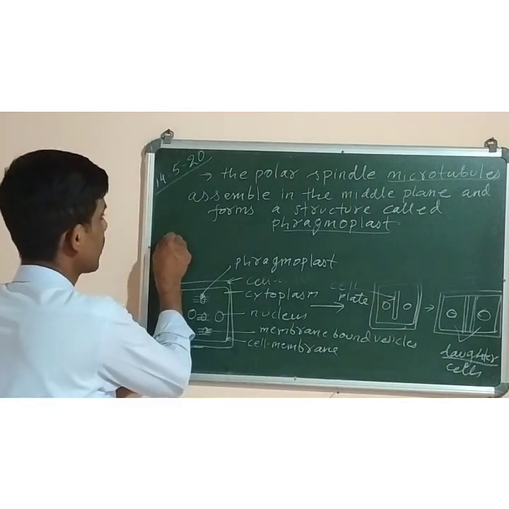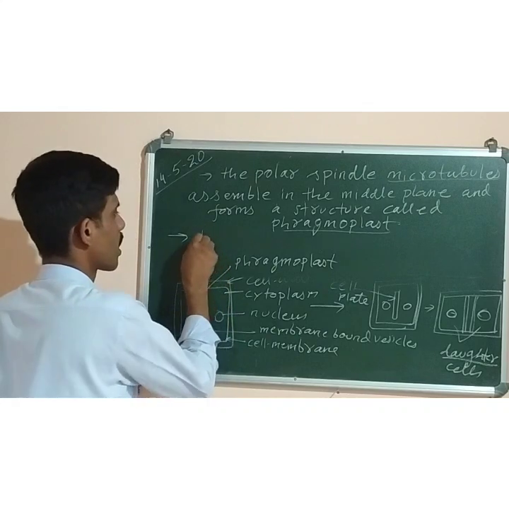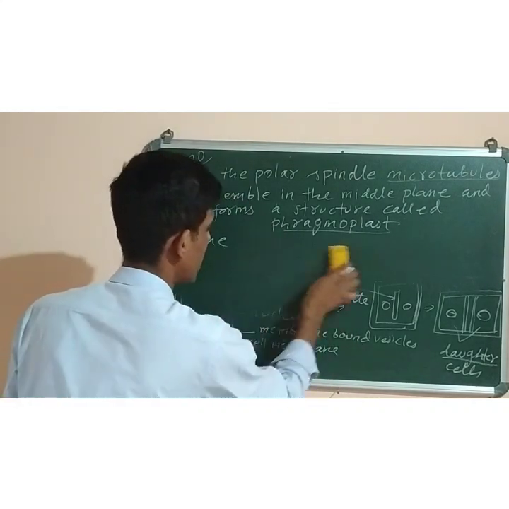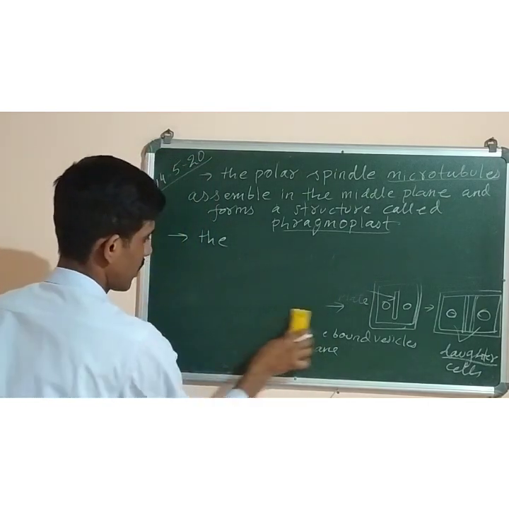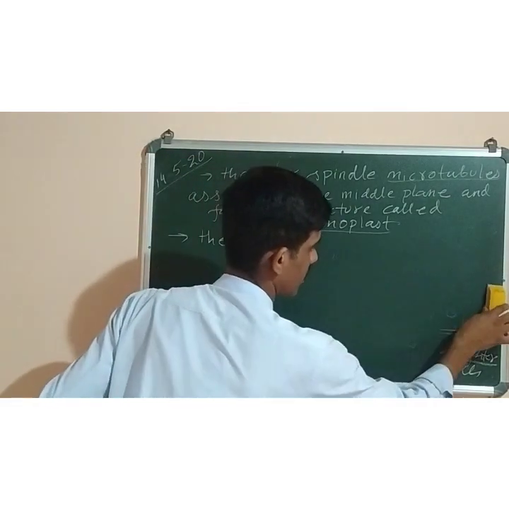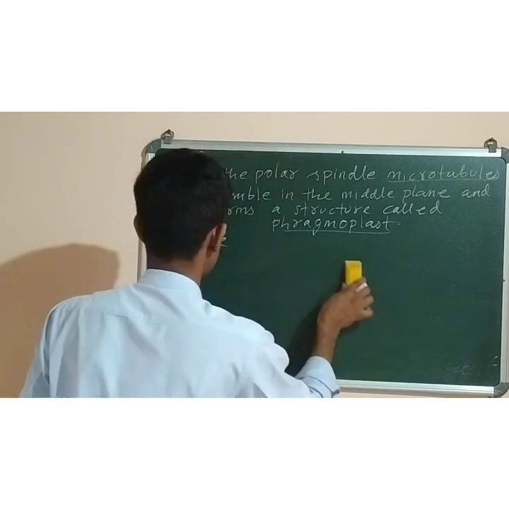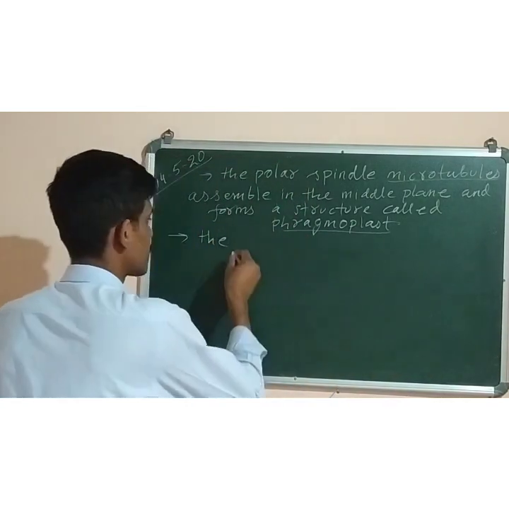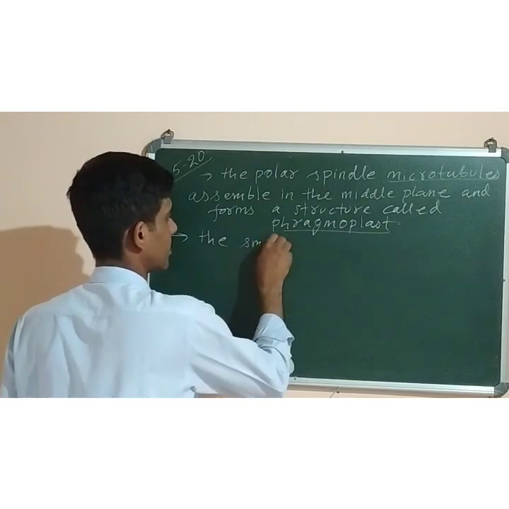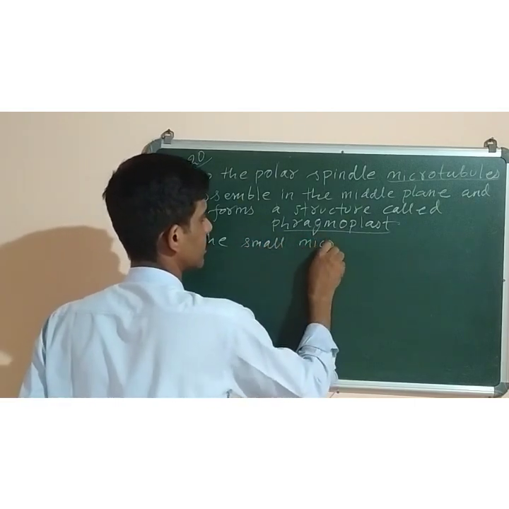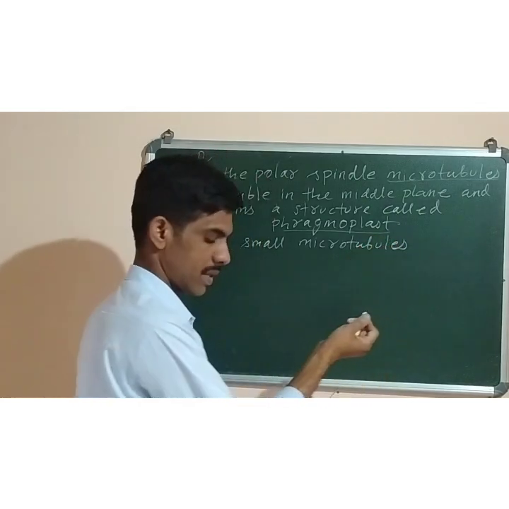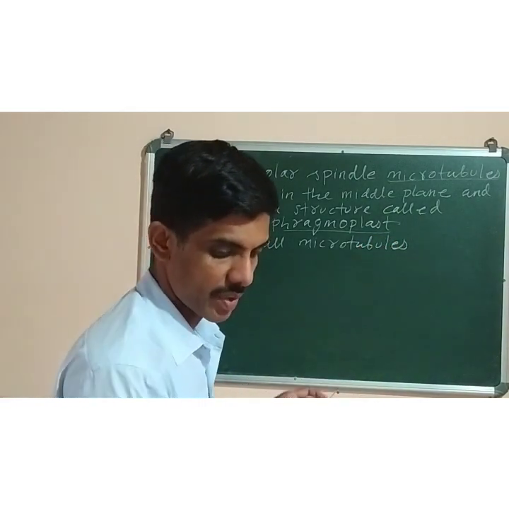So next point you can write it. First we'll draw it. This diagram is already complete, so no need to keep it now. The diagram was already completed, so that's why I rubbed.